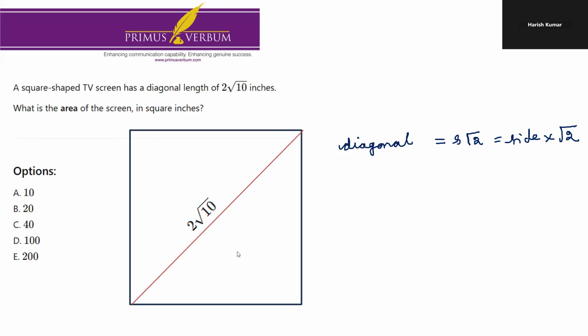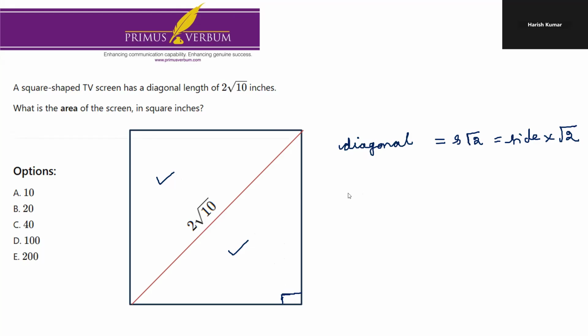Now you can clearly see that there are two triangles within the square once you draw the diagonal, one that is here and another that is here. And both of these are right angled triangles because wherever the two sides meet, we get a right angle. So we have a right angled triangle here.